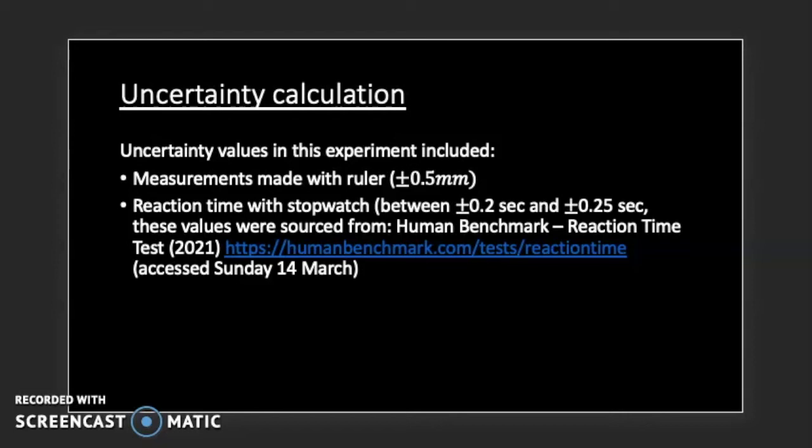In the second test, we ended up clicking the button as we released the weight to make it easier to get a value, just a simple start and finish, recording 15 oscillations or 15 periods. And with a little bit of research, we found that the average human reaction time is between 0.2 and 0.25 seconds. So those were our uncertainties for our reaction time.